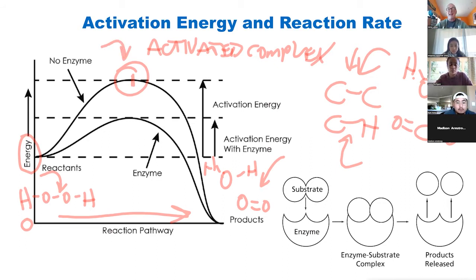So if you don't have an enzyme, it takes more energy. Why is that? Well, with the enzyme is given this line here. So this line here is the same reaction, but occurring with an enzyme. What the enzyme does is actually stabilize this complex. So this complex is unstable. You're stretching bonds, you're forming new ones. It's an unstable complex.